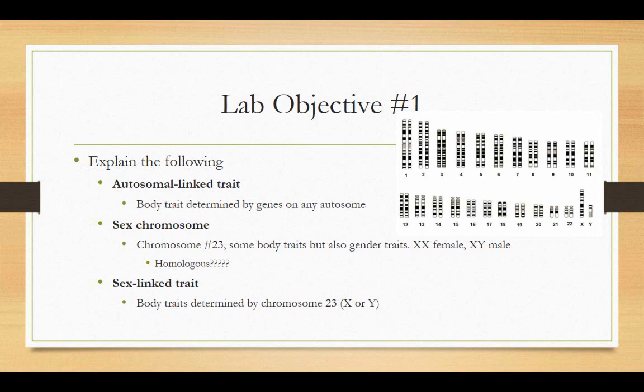And so some body traits also are gender traits, such as this X and X, which would be for the female. If you saw an X and a Y, that would be for the male.